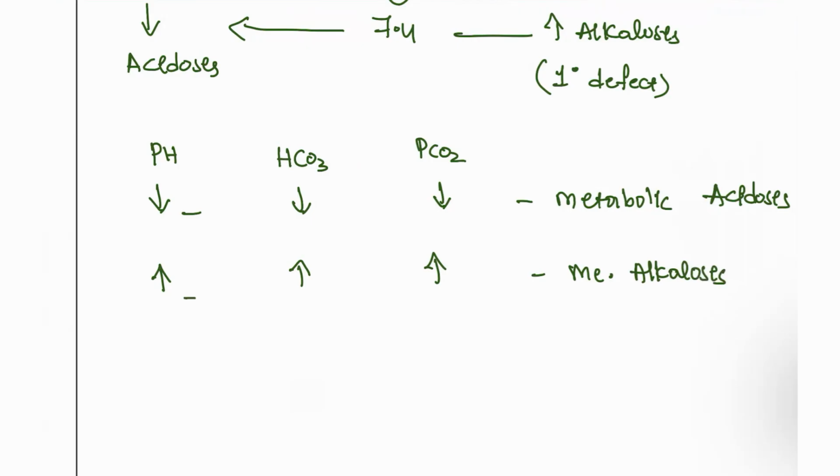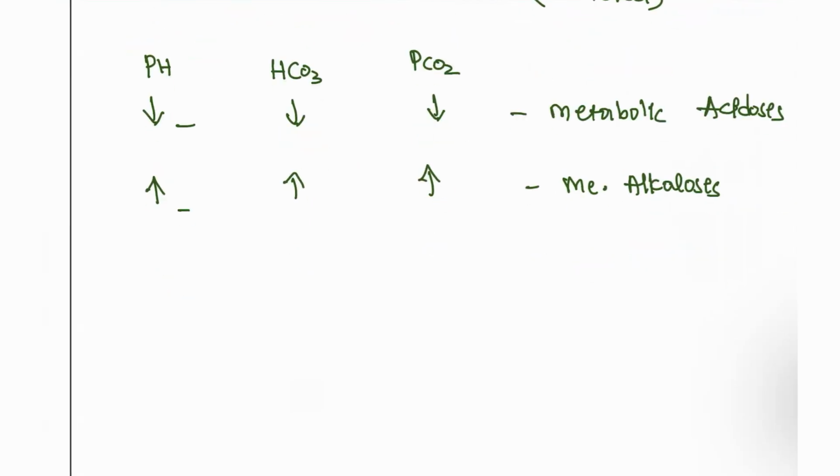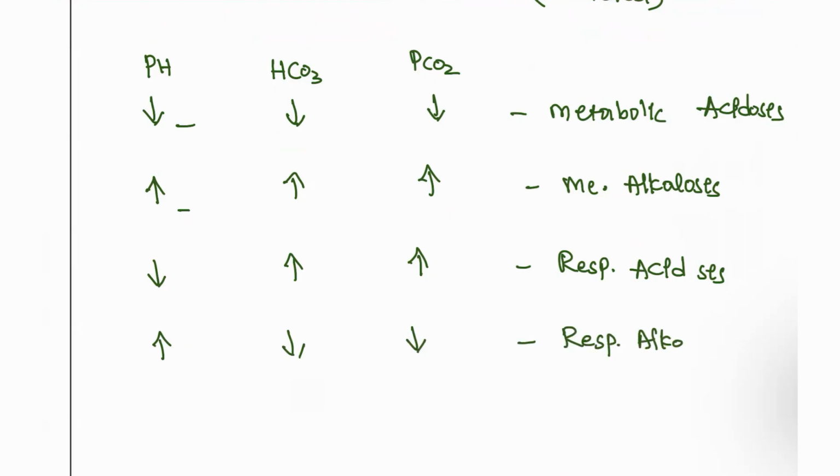For respiratory, it is the opposite. If the pH is low, then PCO2 is going to be increased. This is respiratory acidosis. Same with alkalosis, it will always be opposite to the pH in respiratory alkalosis.